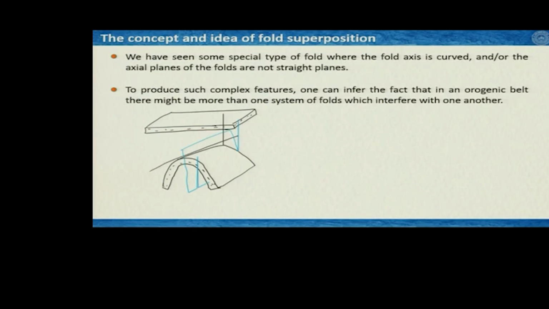Now, in this setting, we see that there is only one deformation that has happened. So the deformation came from this side to make this fold. But we have seen folds which are non-cylindrical.